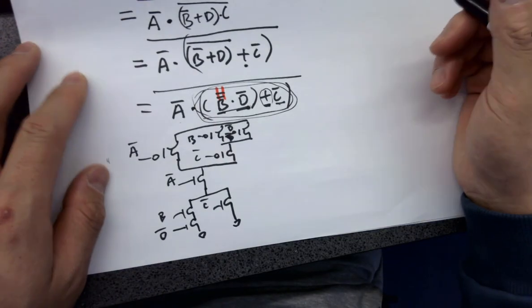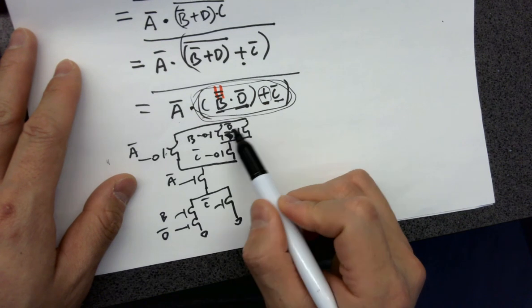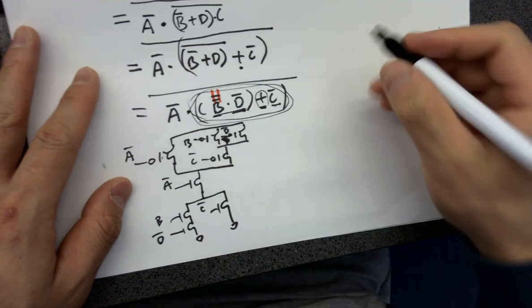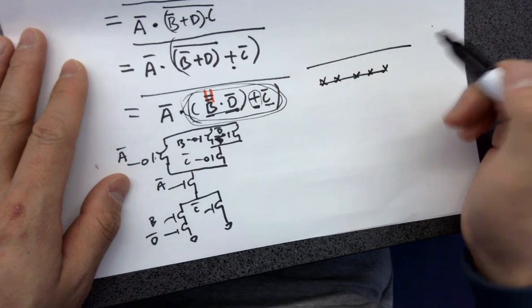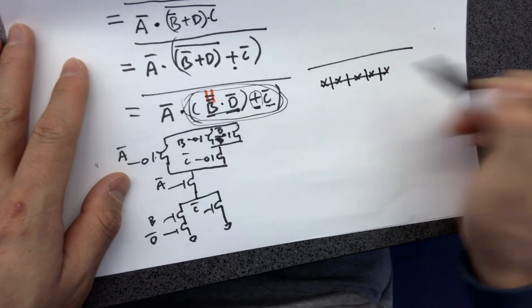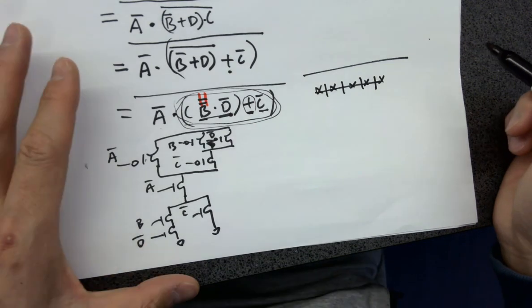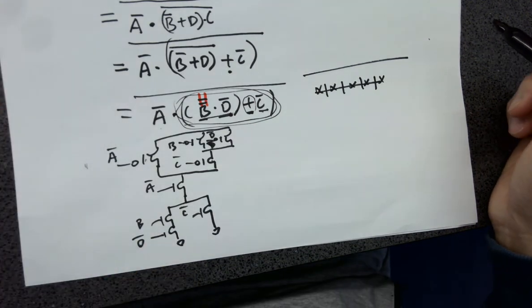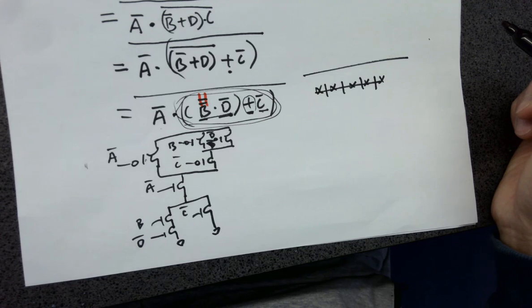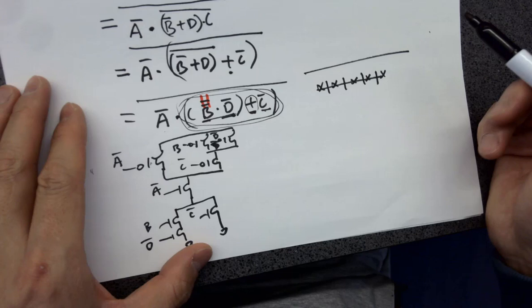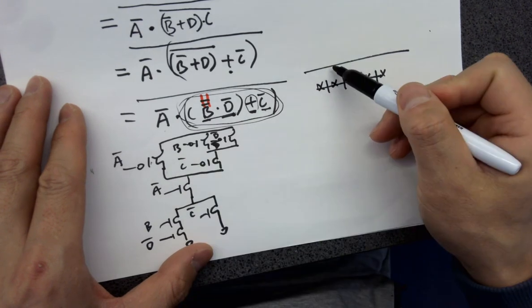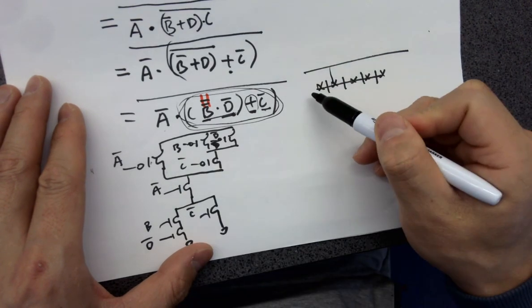Layout. 1, 2, 3, 4, and then 5 nodes. 1, 2, 3, 4. Can I make it in one line? Let's try it, right? So you need 1, just going that way.